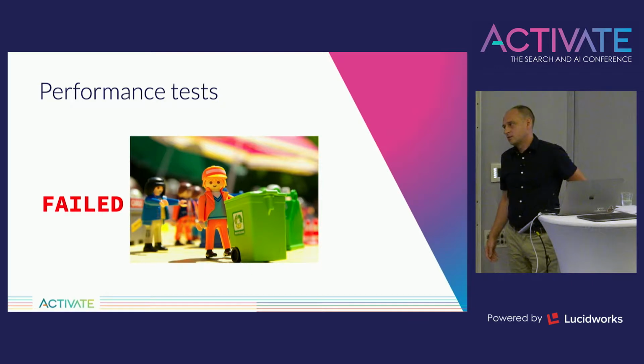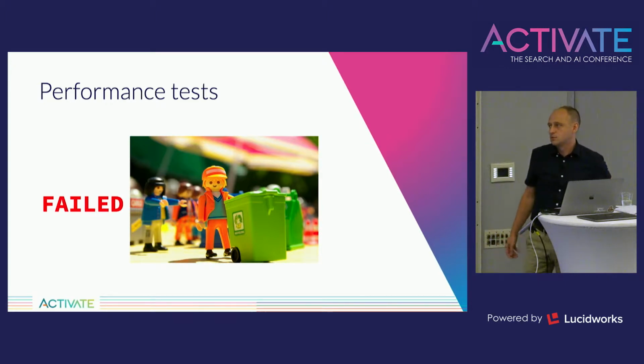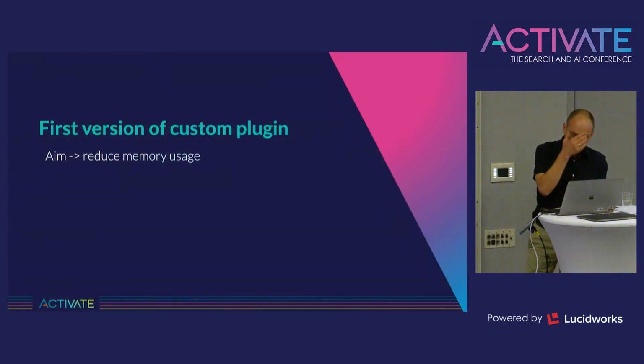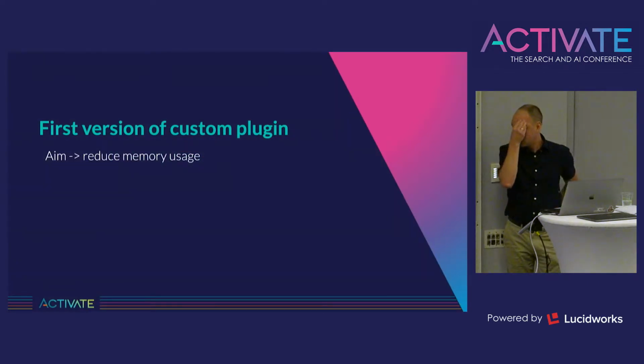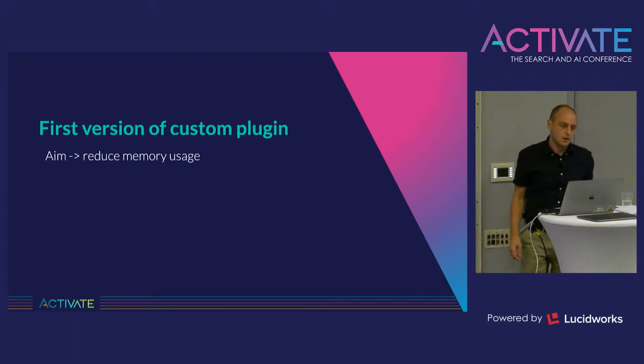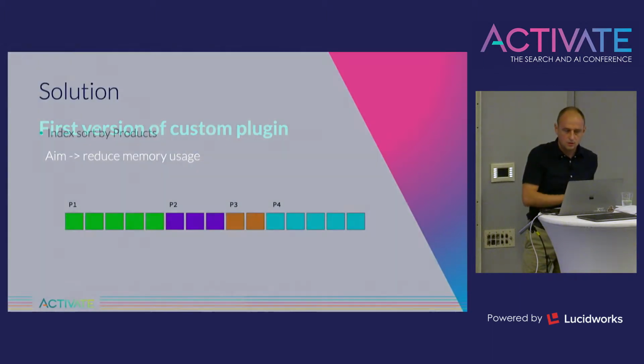We found that the problem was due to the high load on the garbage collector that was caused by cleaning those temporary data structures that have to be built for every query for collapsing offers into products. And that was the time when we decided to implement our own version of the collapsing plugin.